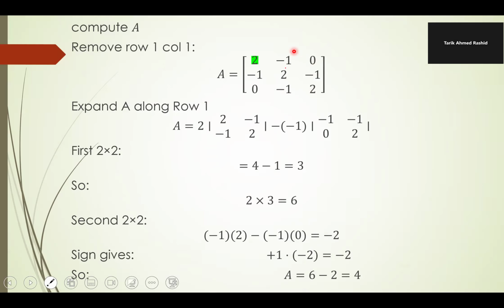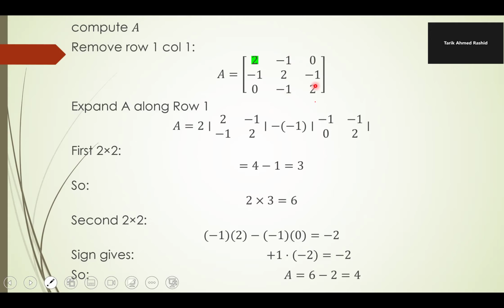For minus 1, this one. This row is neglected, and this column is neglected in the middle. And then for the negative contribution, this minus 1 represents this minus 1, multiplied by the matrix minus 1, minus 1, 0, 2.